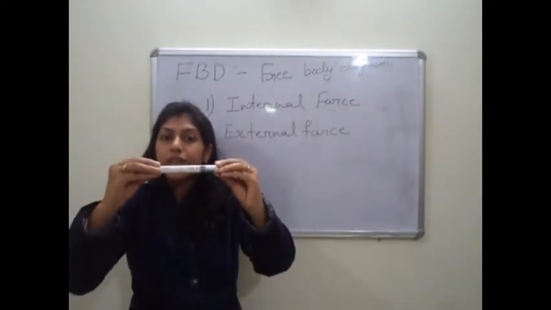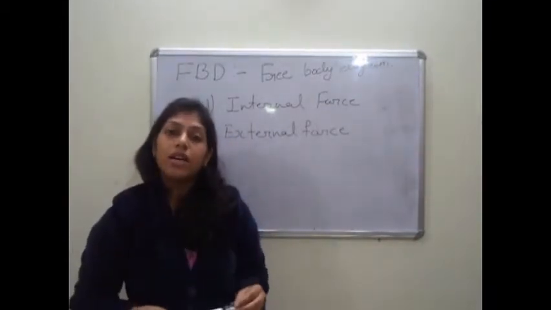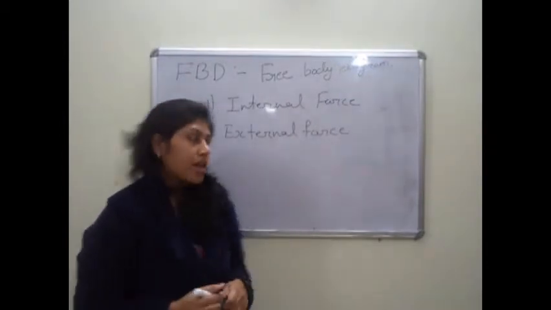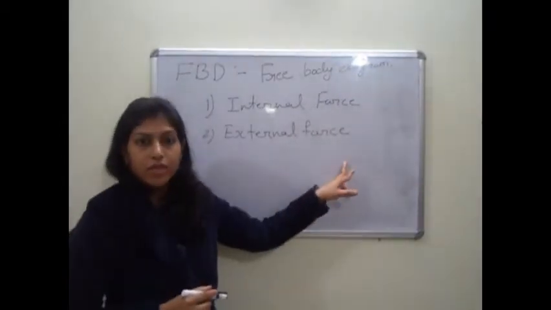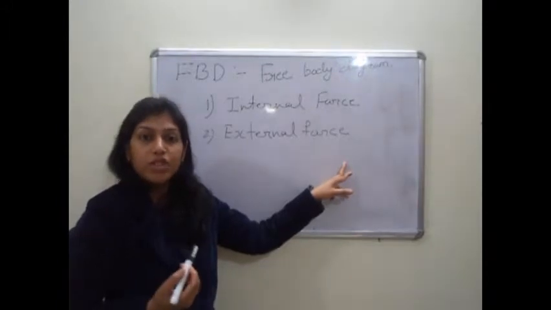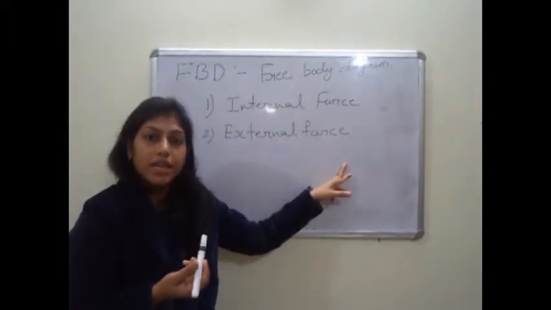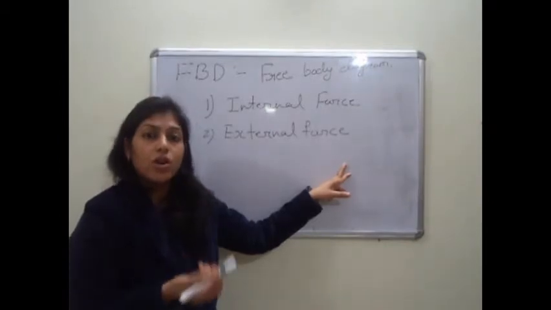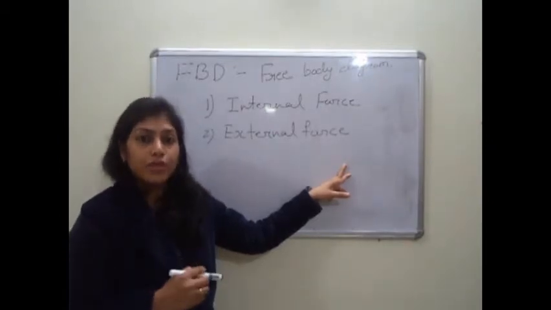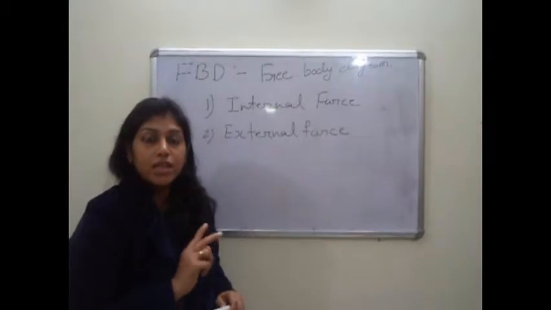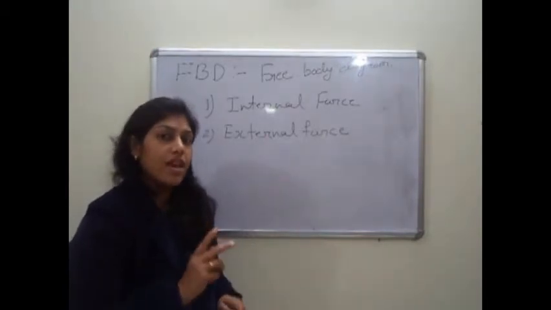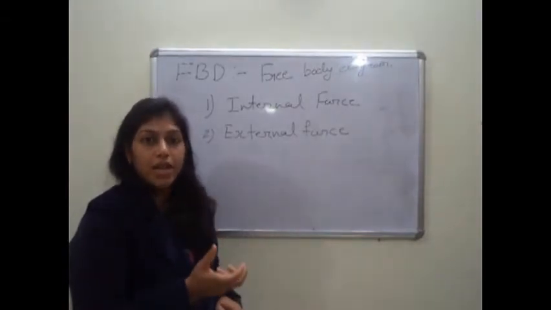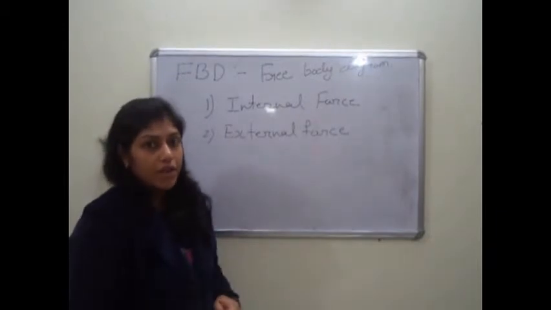Those forces are called internal forces. Second is external forces, which are applied externally by some external source. We have to consider these two types of forces when making a free body diagram for any kind of system or body.